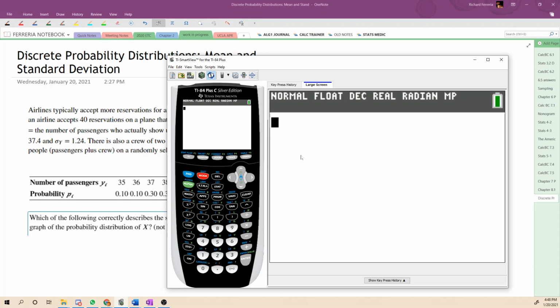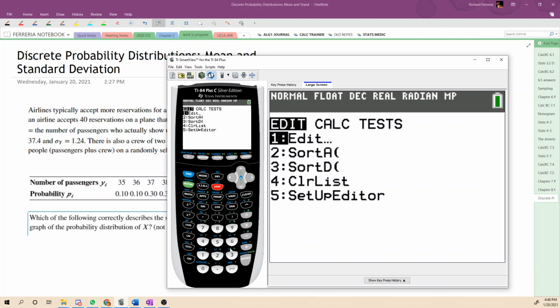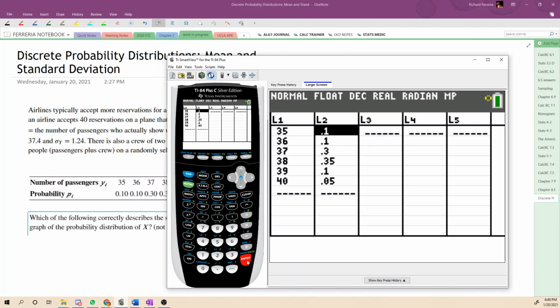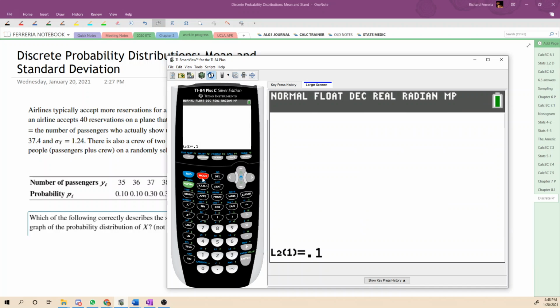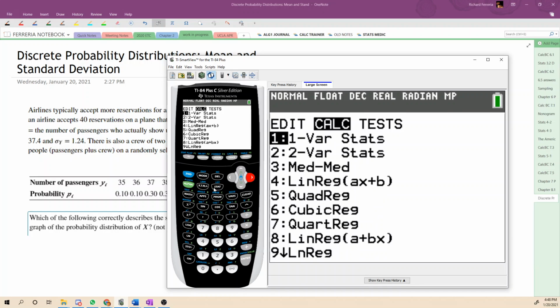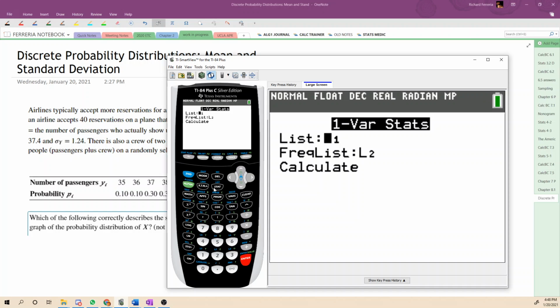From the home screen here, we're going to push Stat and Edit, and that'll bring us to the lists. A common thing to do is to put all of the numerical outcomes in L1, and then all of the probabilities in L2. Then we're going to go back to the home screen, and then Stat again, Calc, one-variable statistics.